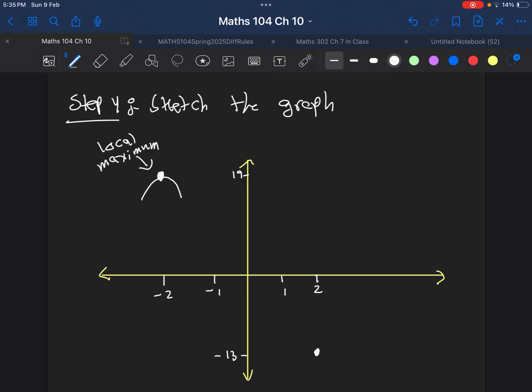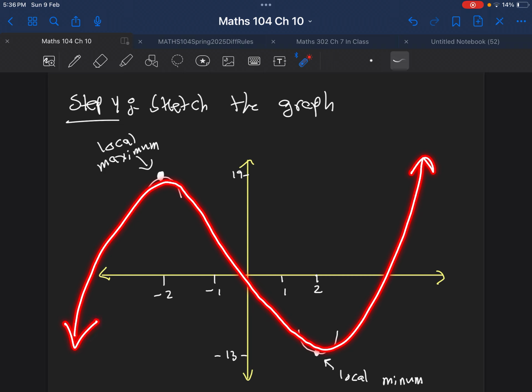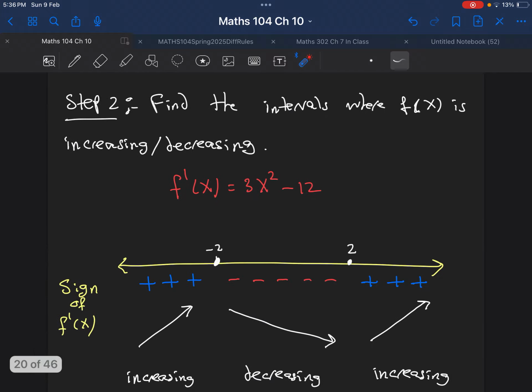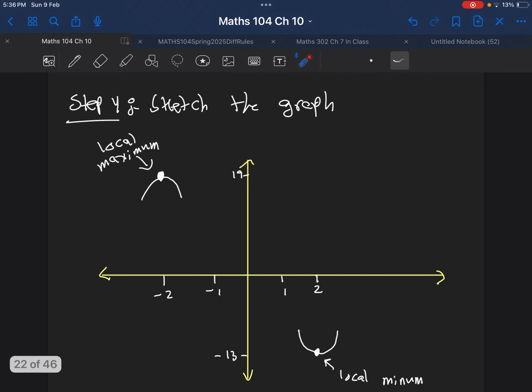And then at -13 and 2, the function has a local minimum. So I should be joining this, and then this, and then this. So it will look like this shape. However, for now, let's be a bit accurate. Let's find where the function will intercept with the y-axis, the y-intercept. Remember, in order to find the y-intercept, we need to plug in 0, so we get it at 0, 3.